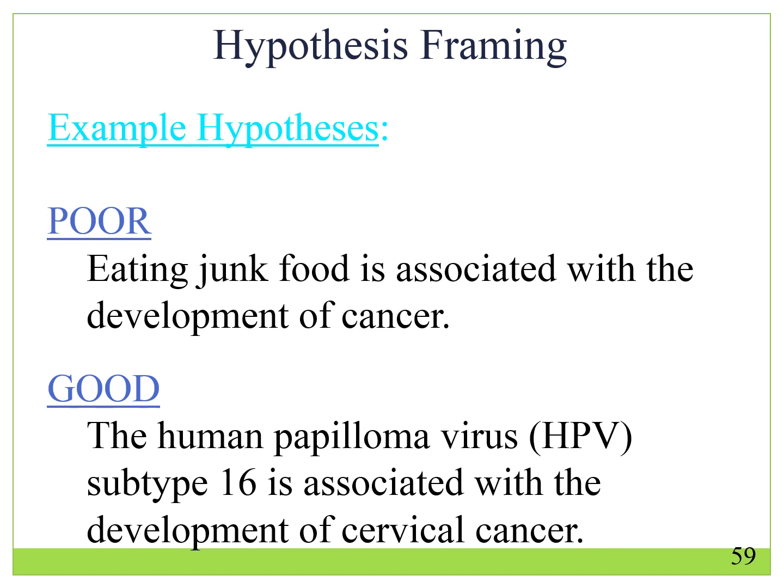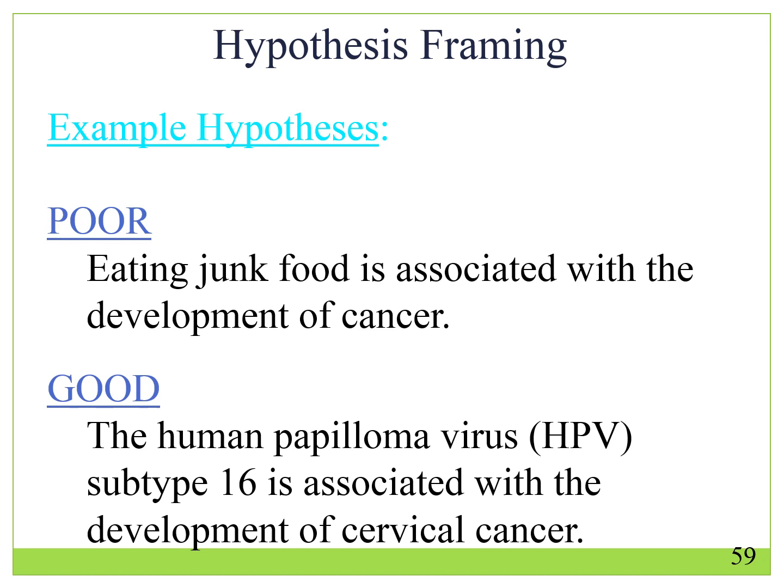So some example of a poor hypothesis here: eating junk food is associated with the development of cancer. You can see junk food is a very general, big statement, as well as cancer, because we have lots of specific kinds of cancers. Be specific on which food or maybe a molecule.